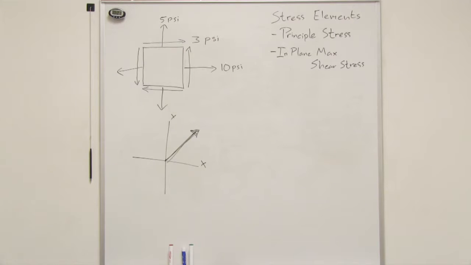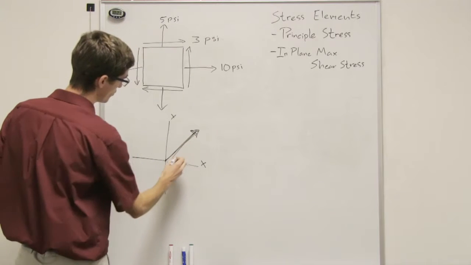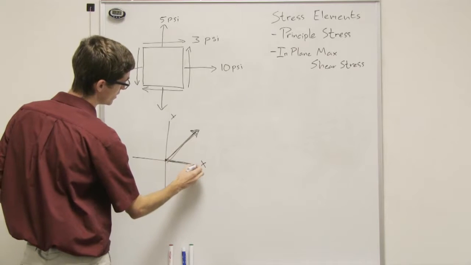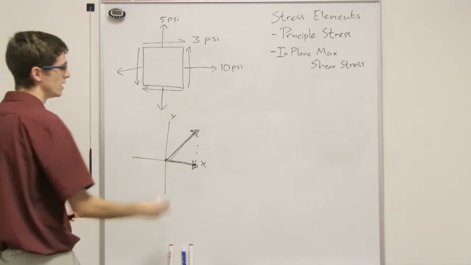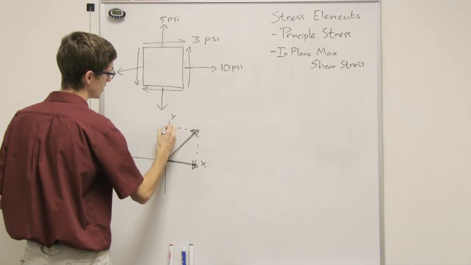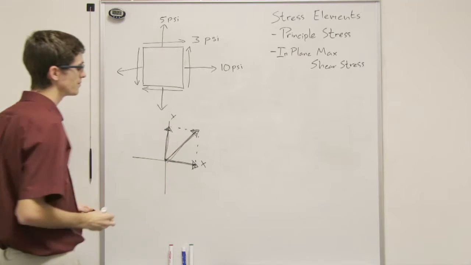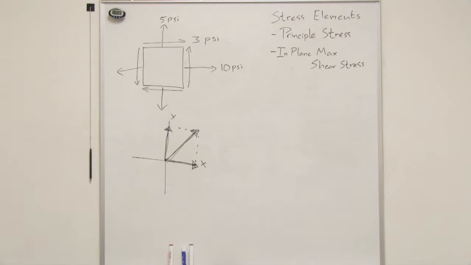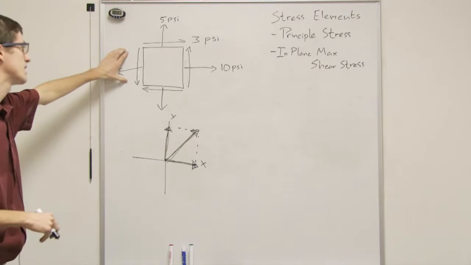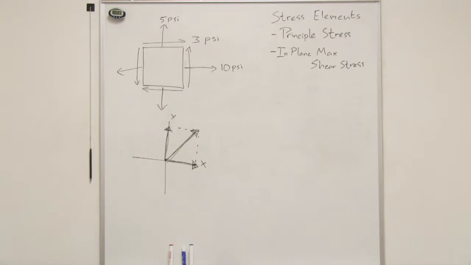Well, you break it up into x and y components, right? And so this force can also be demonstrated as two forces, one in the x direction and one in the y direction. Those are your x and y components of that one force. And that's the basic idea of what these stress elements are. It shows you what's going on, you get all the information, but it doesn't tell you everything.